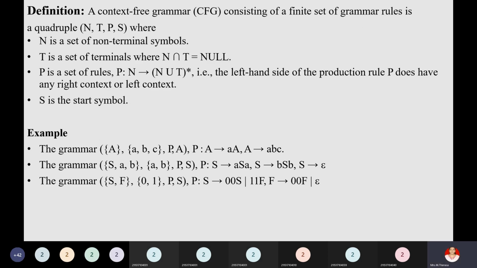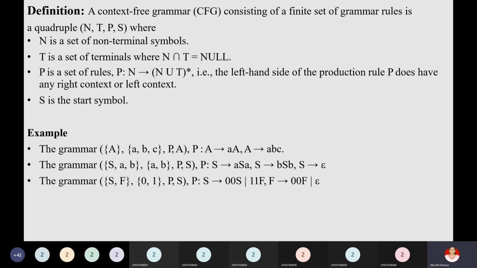So we'll go to the definition of the context-free grammar. In short, you can call it CFG. CFG is a way of describing a language by recursive rules or substitutions of rules called production rules. A CFG is denoted as a quadruple, that is four tuples, N, T, P, S, where N is a set of non-terminals.